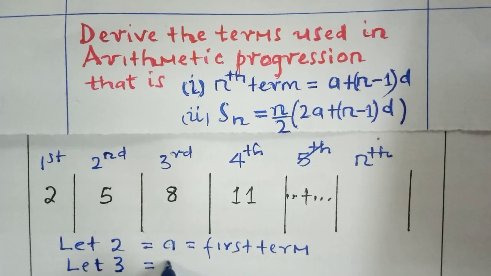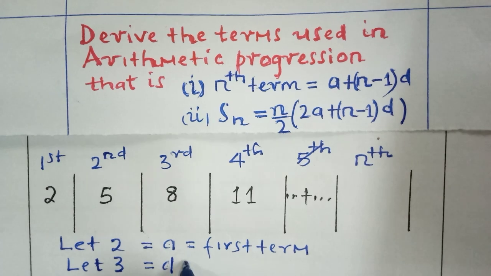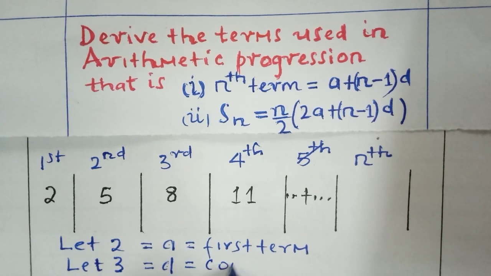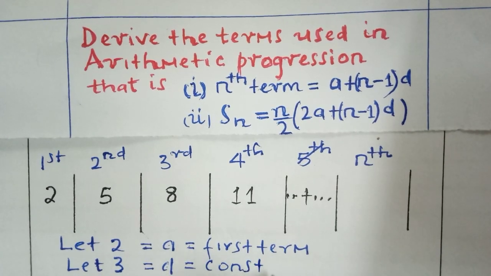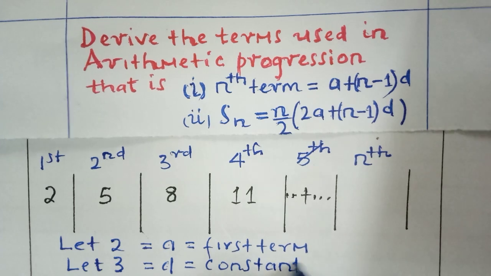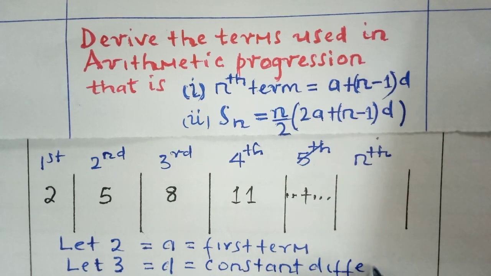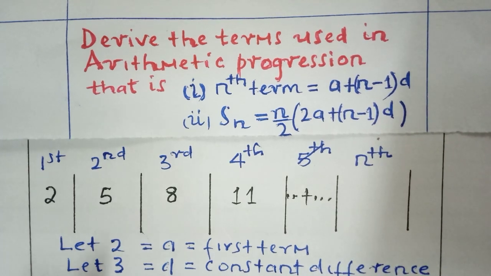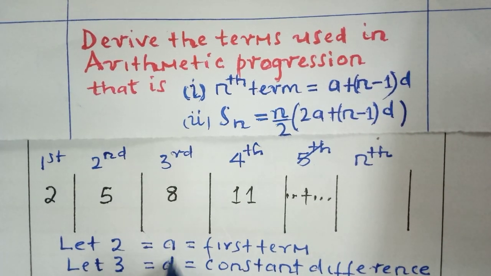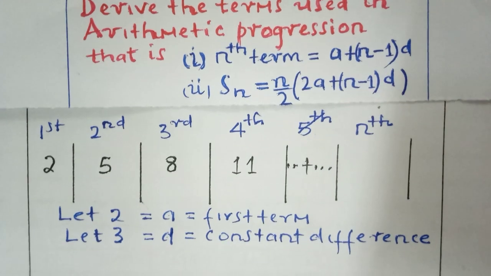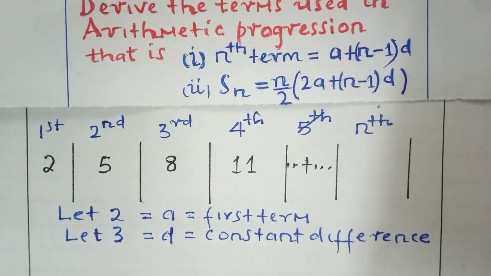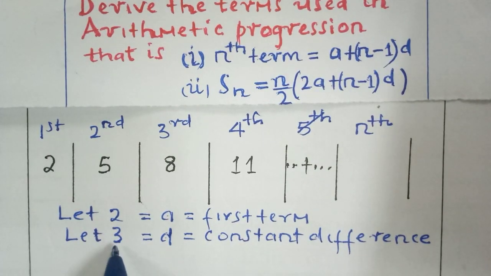We call it D. Remember, guys, that these are unknown. 3 is known, but D is unknown. So this D can stand in for any other number apart from 3. But as of now, let it stand for 3.